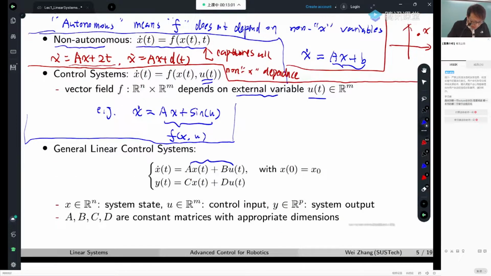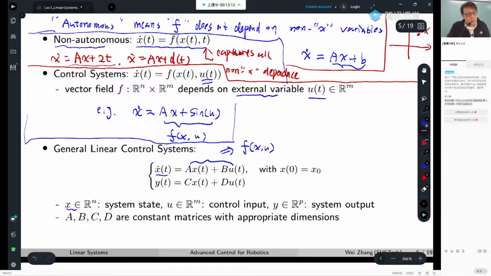The state is x, this is my state. The control is in R^m, y is the system output, and this one is my vector field. So the vector field function, if you write in terms of its immediate arguments, is nothing but ax plus bu.